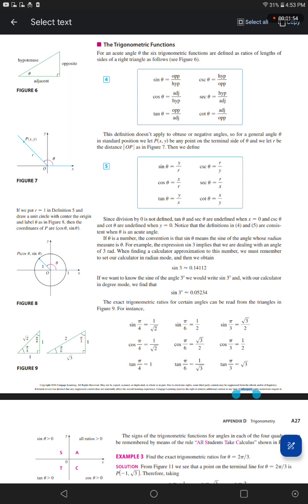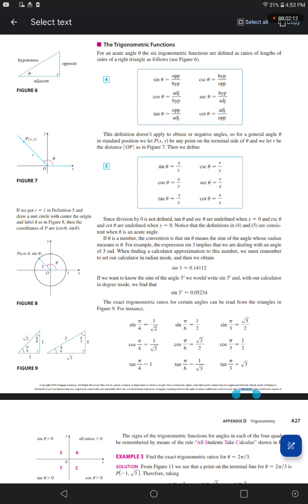See figure 7, sidebar. Point O is the origin, point P of x, y. Back to the text. We then define equation 5.